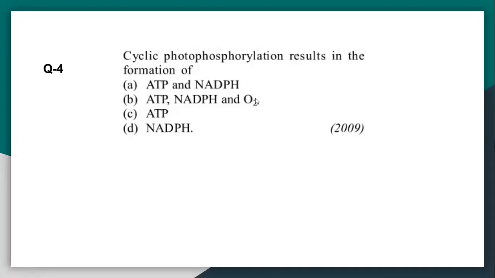Now see, cyclic photophosphorylation results in the formation of what? We know that there are two types of photophosphorylation systems we have seen, non-cyclic and cyclic photophosphorylation.